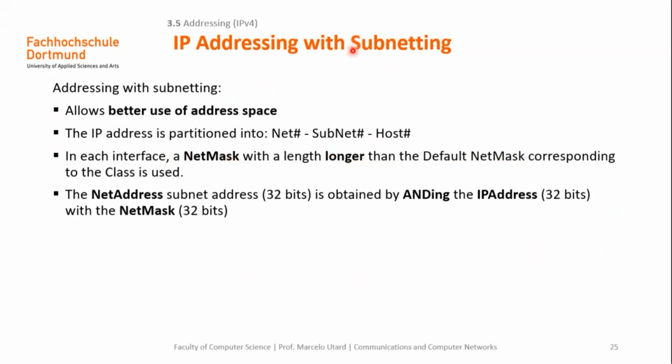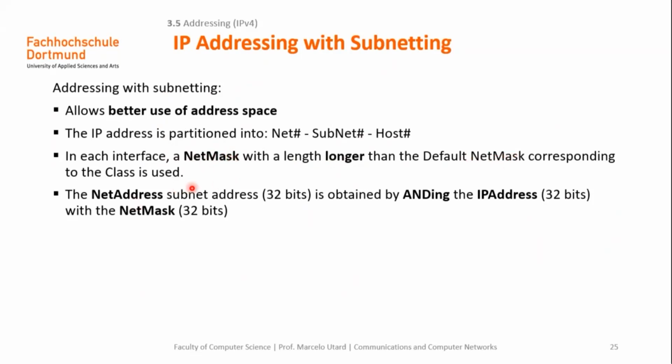We implement subnetting when the netmask you assign to each interface is longer than the default netmask. For instance, if the interface is class A, the default mask is /8, but we could use, for instance, a netmask of /16 or /24 or /30.